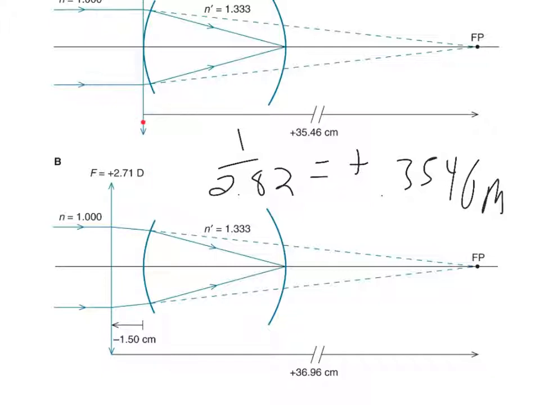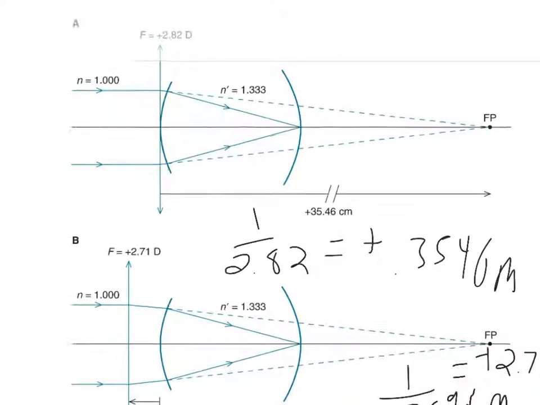So 35.46 plus 1.5 gives you 36.96 centimeters, which is the distance between the far point of the eye all the way to the eyeglasses. So you do the inverse of this: 1 divided by 0.3696 meters, and you get plus 2.71 diopters, which is this over here.